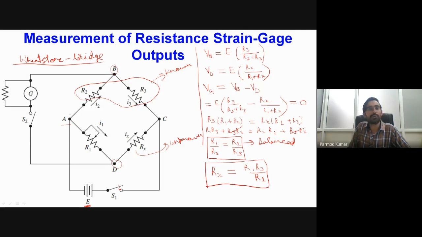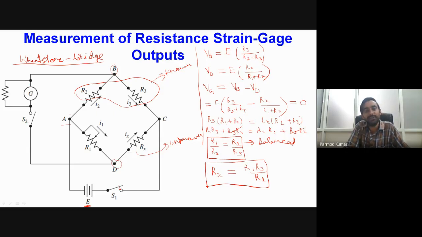Okay, so how is the operation normally performed over here? We have R1 as our variable resistance. When we have connected our unknown resistance, we switch on both the switches S1 and S2.